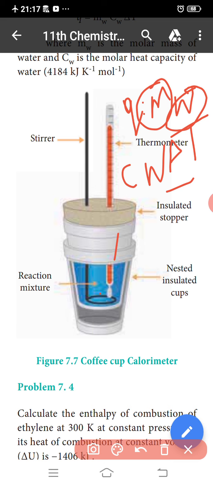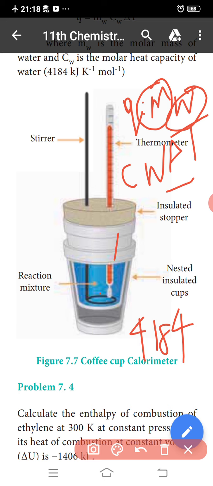The value of the molar heat capacity of water is 4.184 kilojoule per Kelvin per mole. This is the coffee cup calorimeter, the molar heat capacity of water.